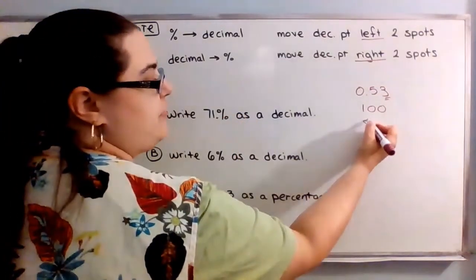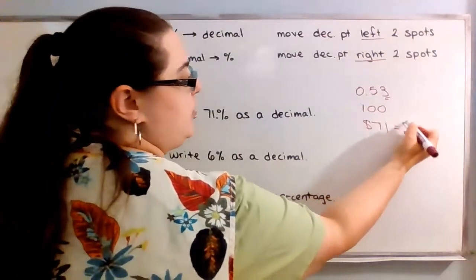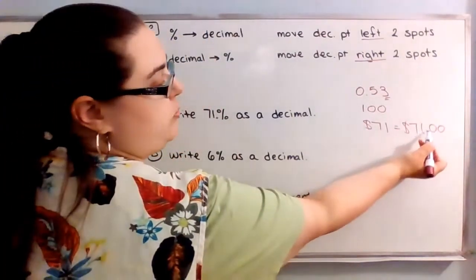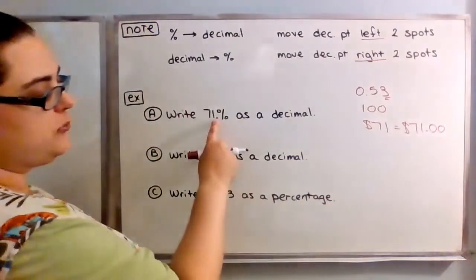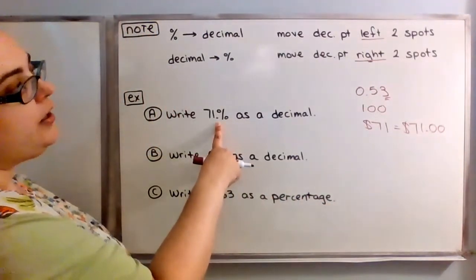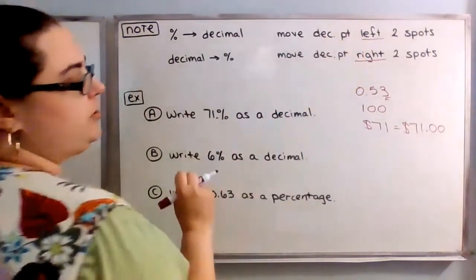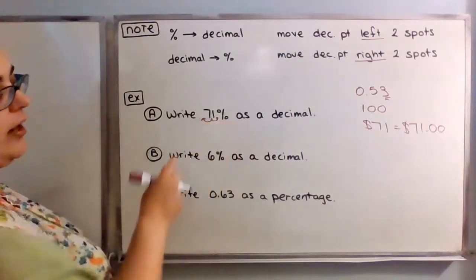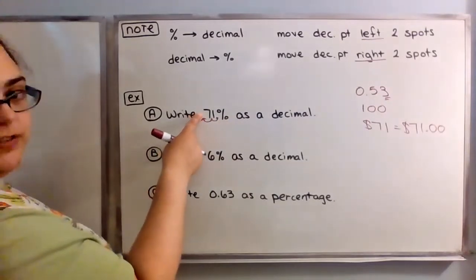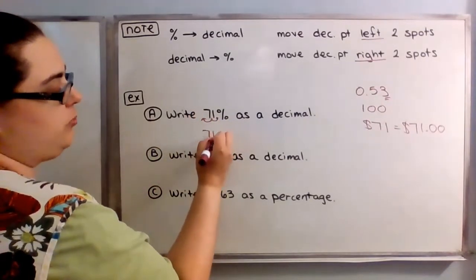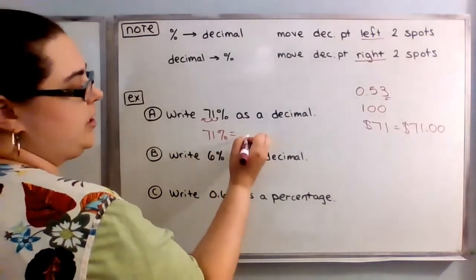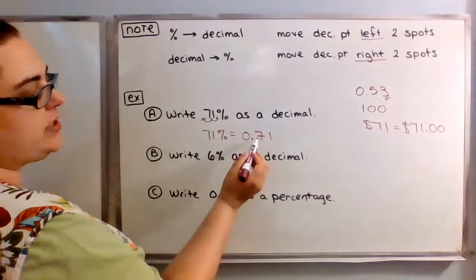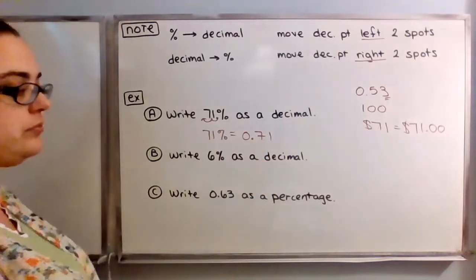If I have $71, that's the same as $71 and no cents. So the decimal point is just to the right of the 1. Going left 2 places, I count 1, 2, and put my decimal point in front of the 7. So 71% is the same as 0.71.